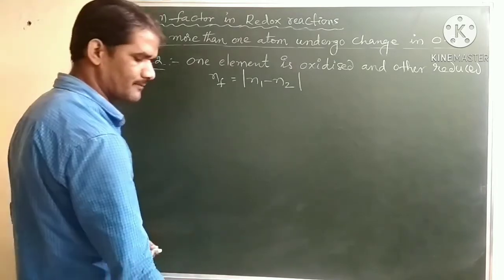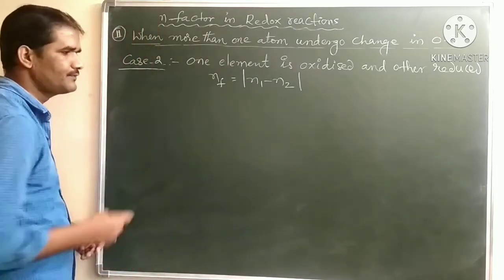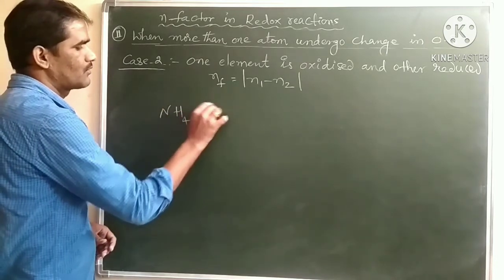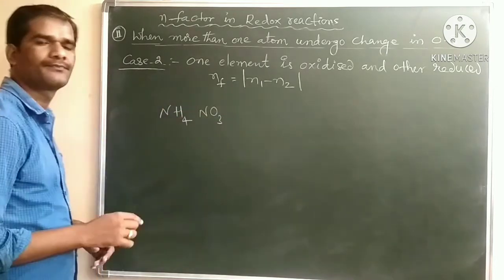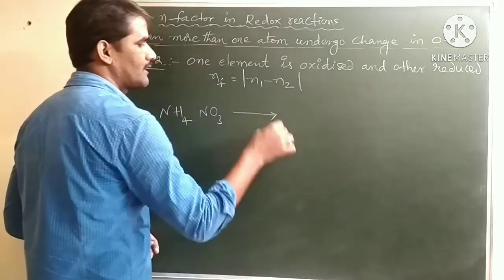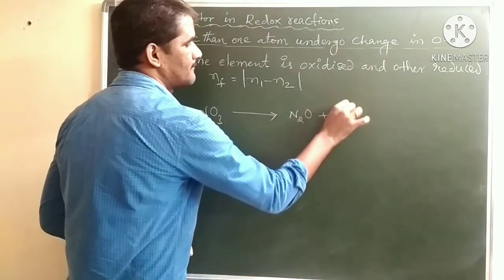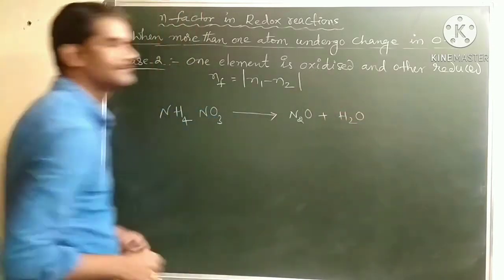Again let us take some examples for this case. Let us take ammonium nitrate. It will give nitrous oxide plus water.